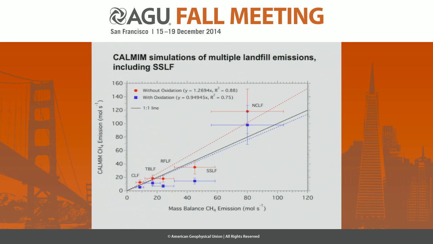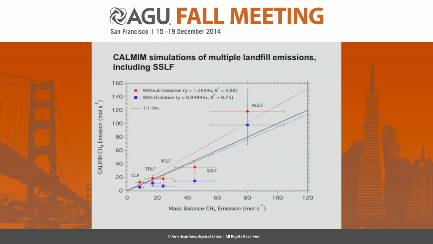We've worried a lot about our ability to do that because we're clipping out the landfill from within a pretty heterogeneous, complex urban landscape. So among the things that we've been doing is CalMIM modeling of methane emissions from landfills around Indiana. Here's the Southside landfill. These are just different determinations for 5 different landfills versus the model.